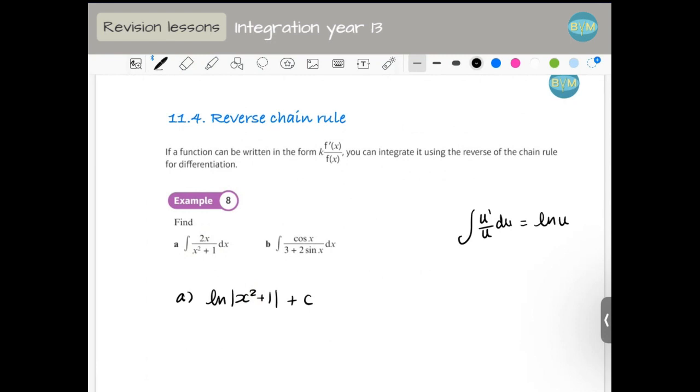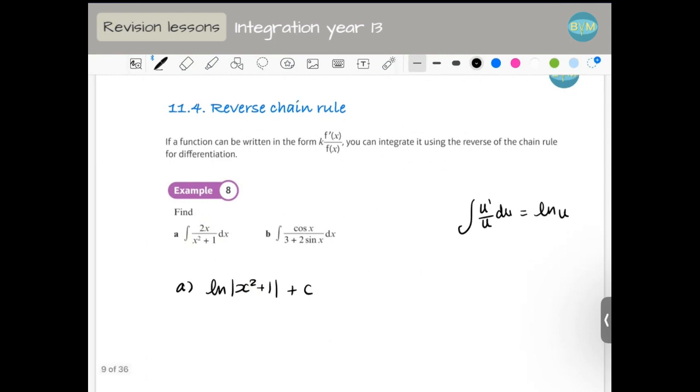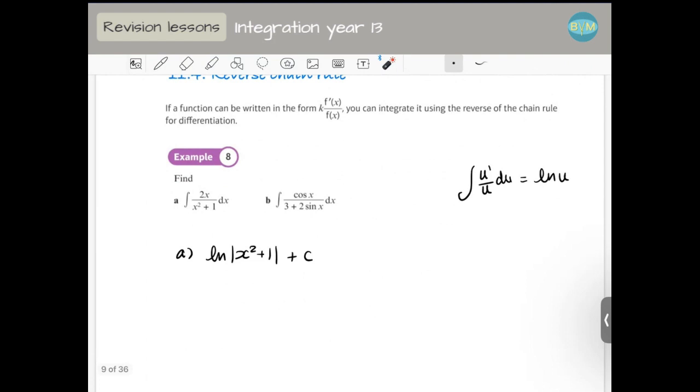Yeah? What about the second one? Jovan, tell me the second one. What would you do? Would you try and differentiate the denominator? You get 2 cos x. But since that's quite small, would you put it as half? So I'm going to do 3 plus 2 sine x, and half of that, or divide by 2.